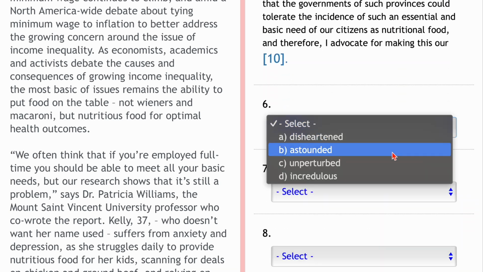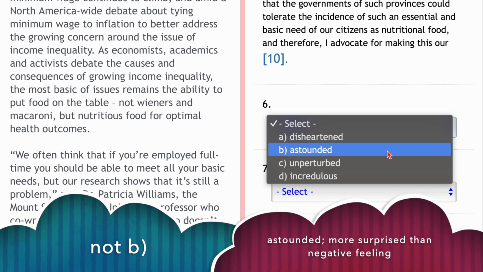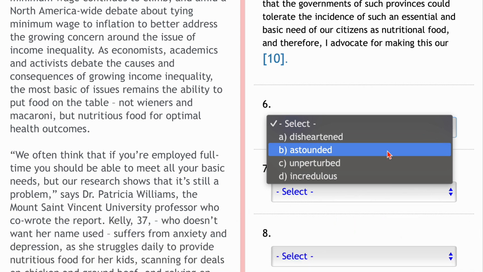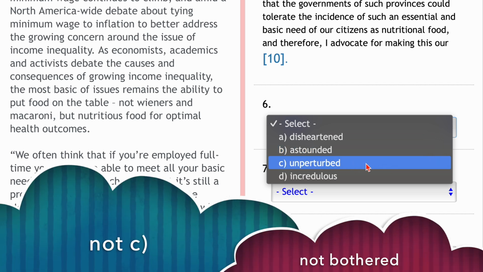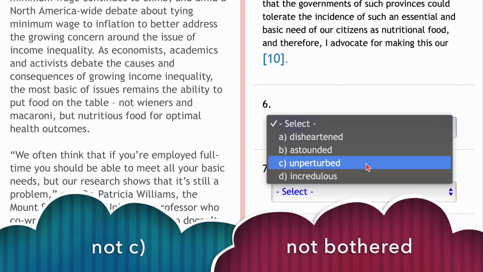Disheartened, astounded, unperturbed, incredulous. So, not astounded. Astounded can be like very surprised or shocked. Unperturbed, not bothered. Well, I don't think it's not bothered.